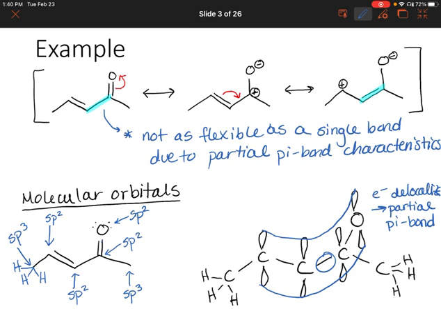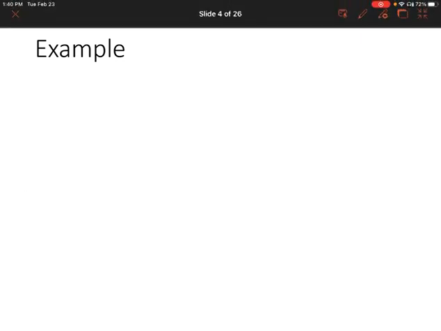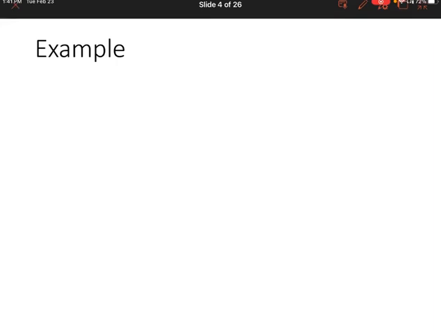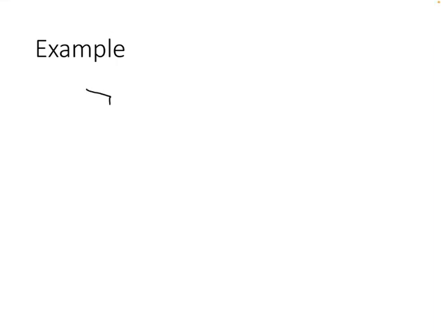All right. Now, let's talk about kind of an interesting set of conjugated dienes. All right, so we have this situation where the 2 double bonds are trans to each other, so they're pointing in opposite directions.